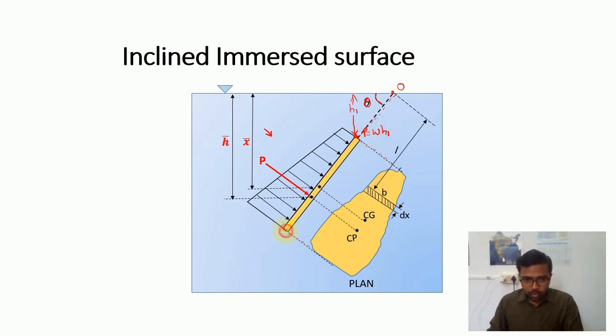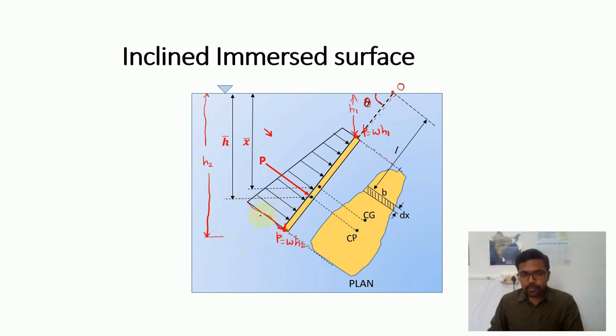If the bottommost point is at a distance of H2 from the surface level, then what is the pressure at this point? I will represent it with a small p, okay? p is equal to W H2.